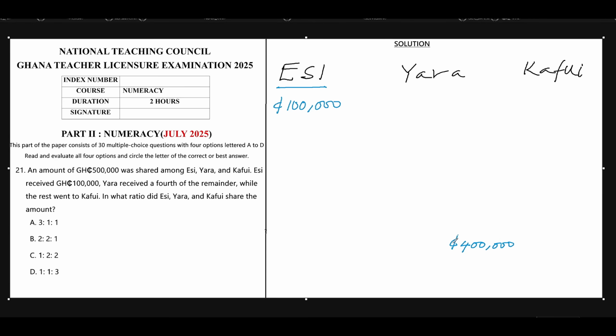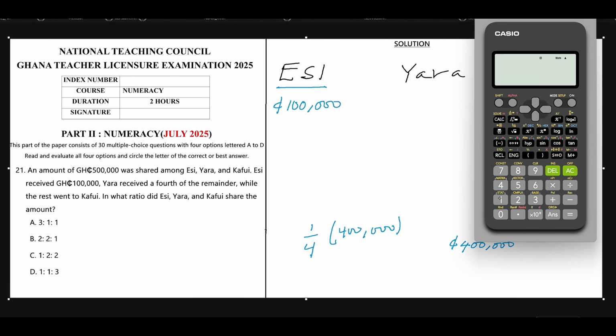With this remainder, Yara received a fourth. A fourth is a common fraction written as 1 out of 4. So he received 1/4 of 400,000.